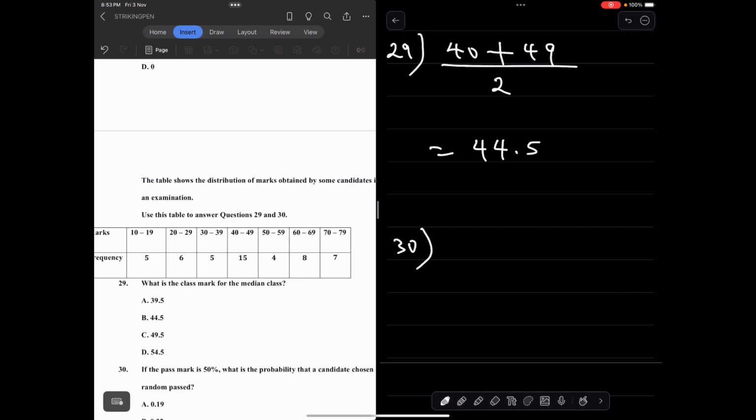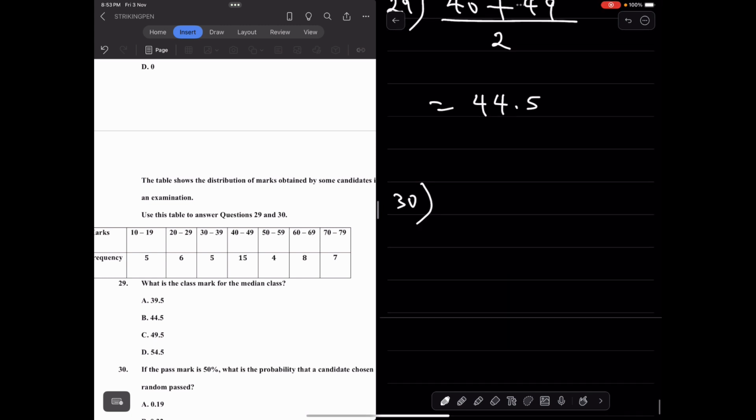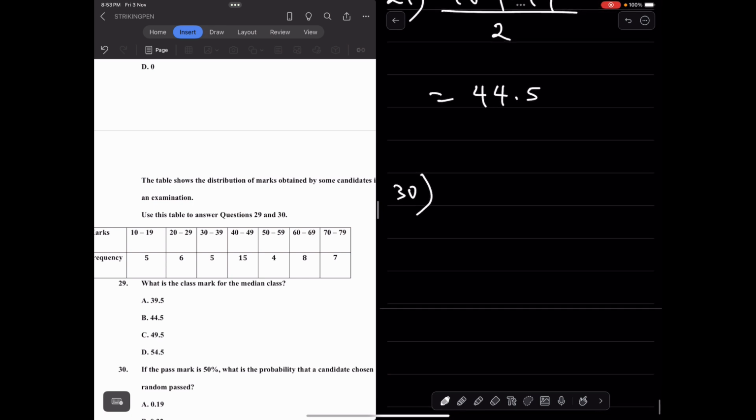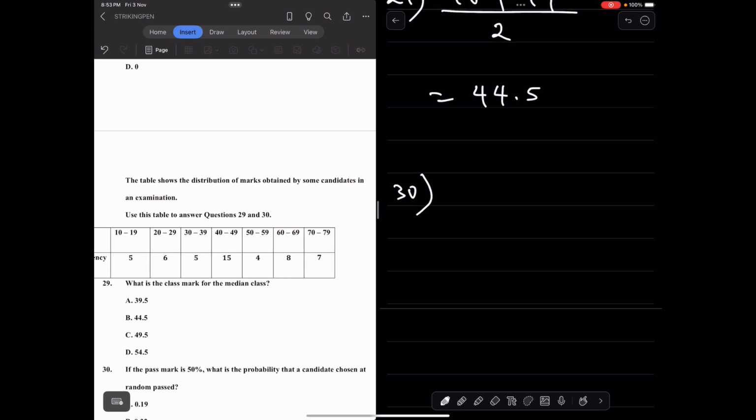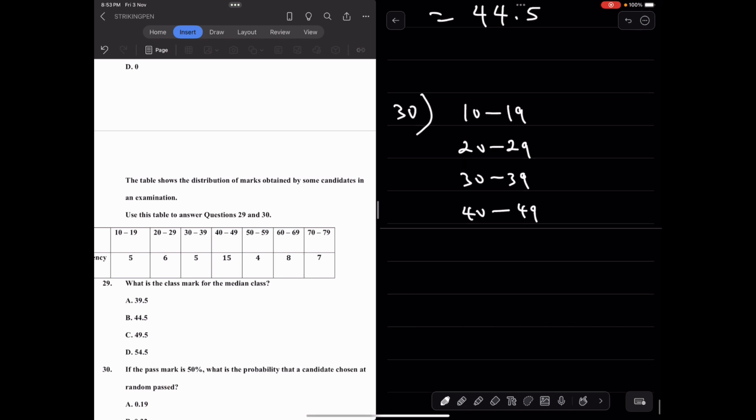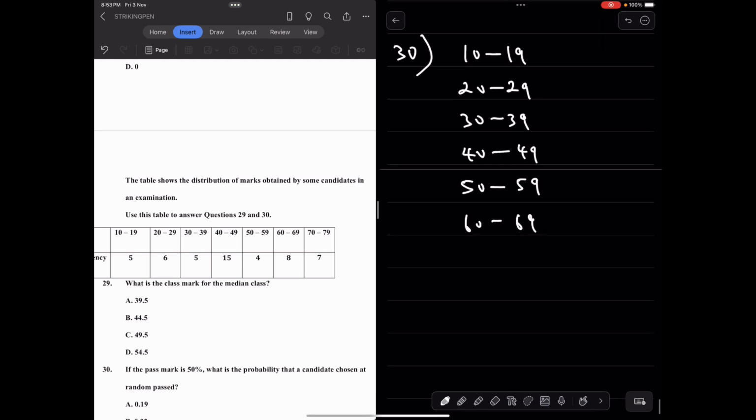Now to the next, which is number 30. Number 30 says, if the pass mark is 50%, what is the probability that a candidate chosen at random passed? Okay, we can see the marks: 10 to 19, 20 to 29, 30 to 39, 40 to 49, 50 to 59, 60 to 69, and 70 to 79.